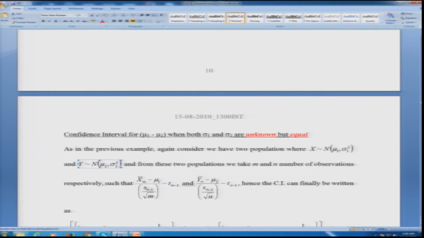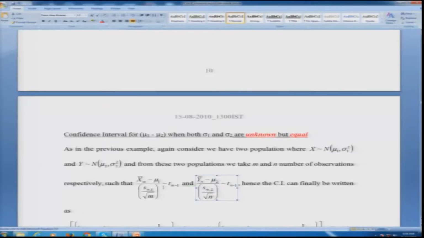Now, very interestingly, this would also be true because that is equal to the t distribution with m minus 1 and n minus 1 as the degrees of freedom, considering you have lost 1 degree of freedom in both the cases, because you are now using s without the dash in both the cases. So, s without the dashes is basically s of m comma 1 and m comma 2. See, this 1 and 2 basically signify which population you are picking from. So, these are not the s with the dash, they are s without the dash.